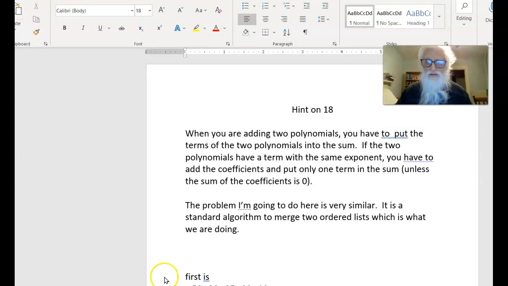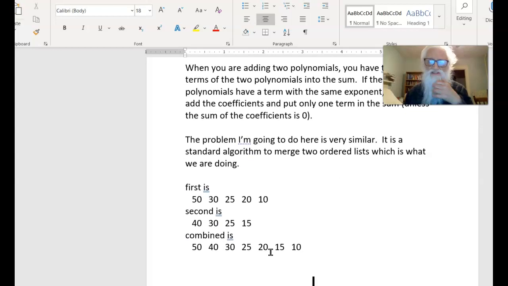For example, I'm going to do this problem instead, which is similar, but I don't want to do exactly what you're doing. I have two lists, and they're numbers, they're integers, and they're in order, from largest to smallest.